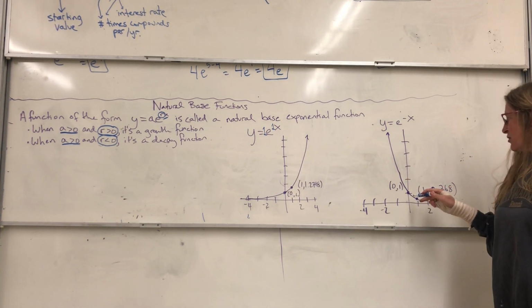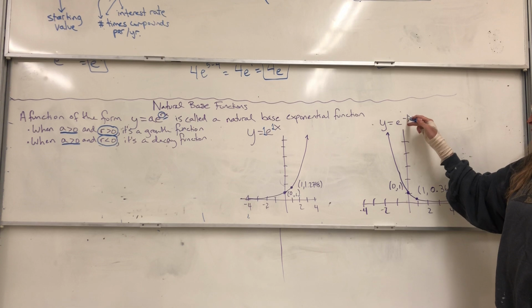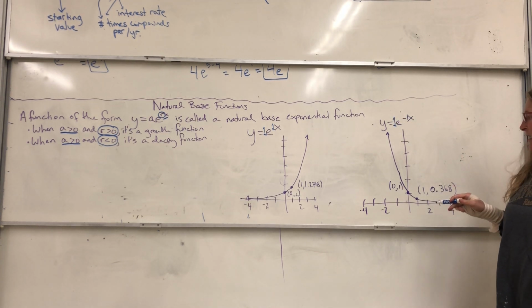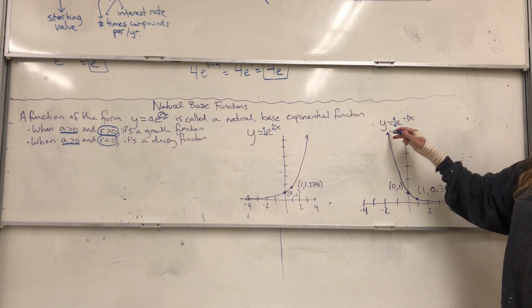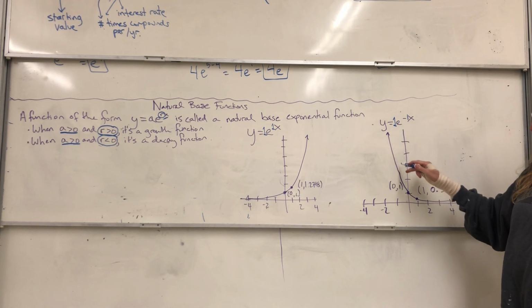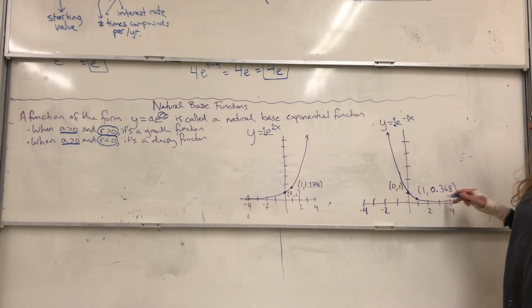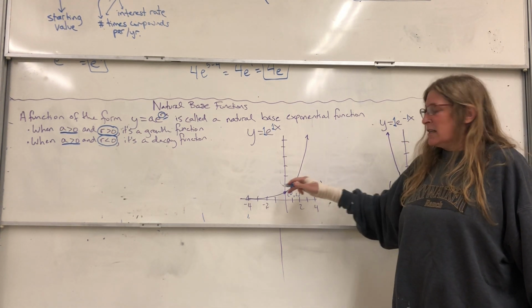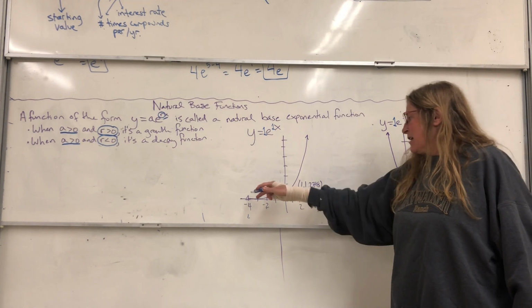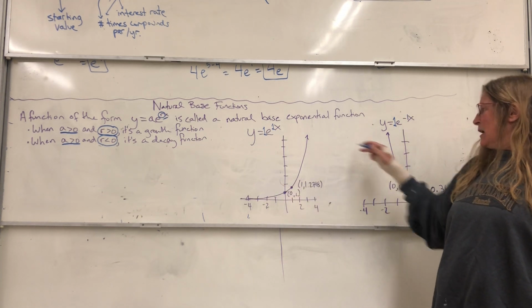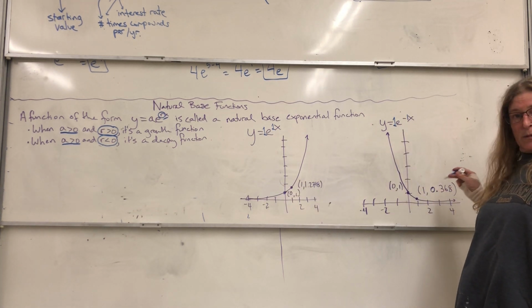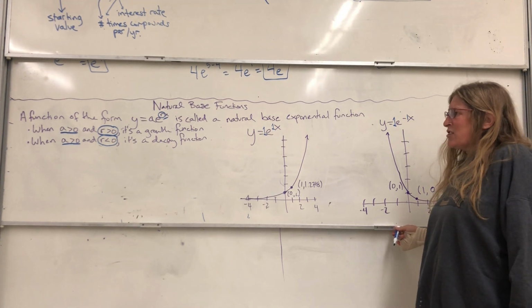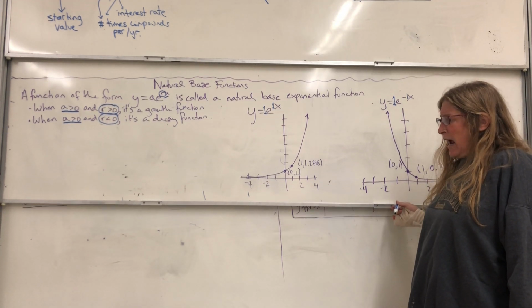A decay function, on the other hand, would be a negative 1 for R and a positive 1 for A. So here it's going to swoop down from left to right. When you graphed exponential functions in Algebra 1, you noticed the same pattern. Growth, swoop up; decay, swoop down. So all of this is so theoretical. Let's actually do a graph.